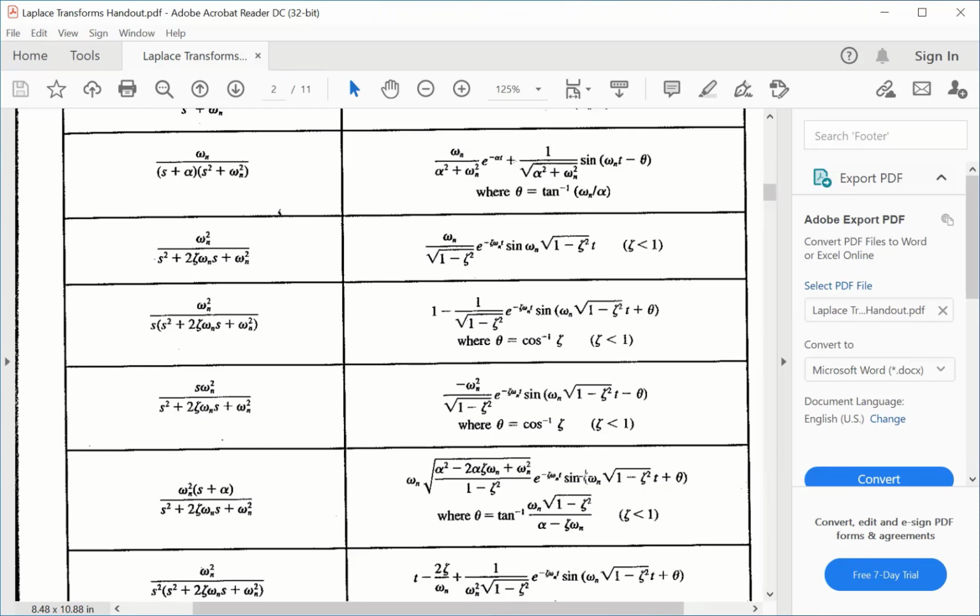So that's omega n. This is zeta, the damping ratio. And then we end up with sine of 5, and then we crunch through the formula for theta.